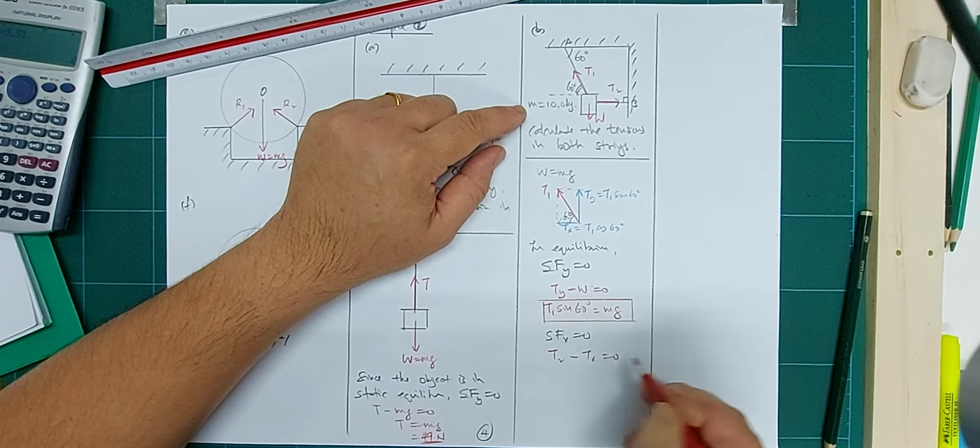Okay. All right. Next example will be consider ladder leans against wall. So that one is number D. Let's assume we have this, slightly bigger, and these are wall.